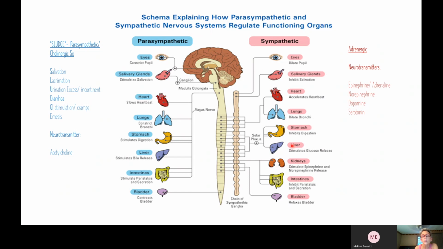Because if the sympathetic nervous system is stimulated through stress, then our GI system is not ready to receive the food and process things, and we get a lot of GI upset.